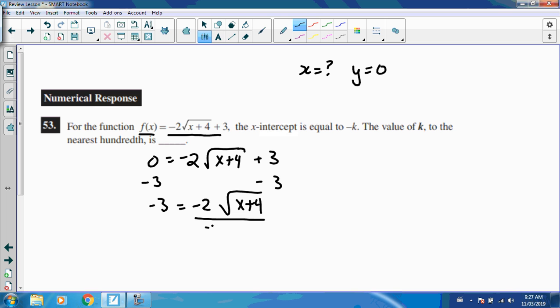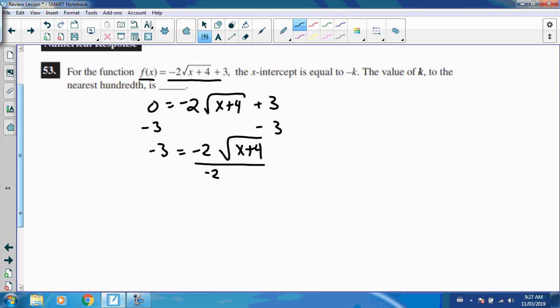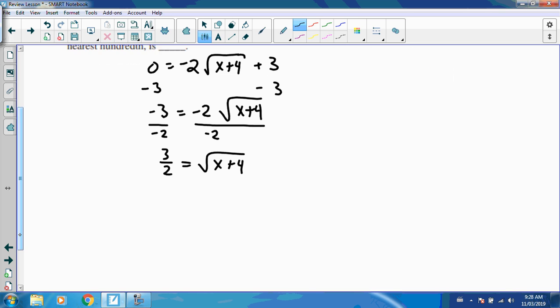Divide both sides by negative 2. And then I have 3/2 is the root of x plus 4. And then I would square both sides. So 9 over 4 is x plus 4. And then I would just take away the 4 from both sides. So x is 9/4 minus 4.